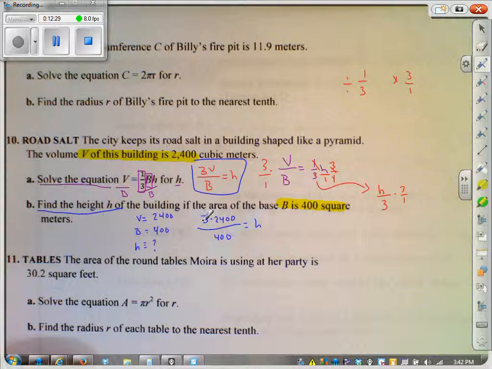So we can go ahead and multiply 3 times 2,400, and I'm going to pull out my calculator. 2,400 times 3 is 7,200 over 400 equals h. So 7,200 divided by 400 is 18. So the height equals 18 meters.